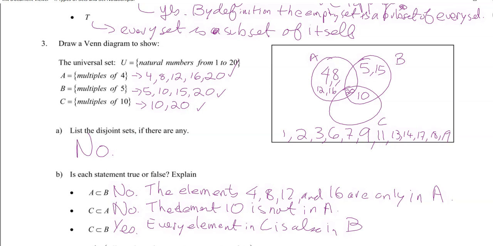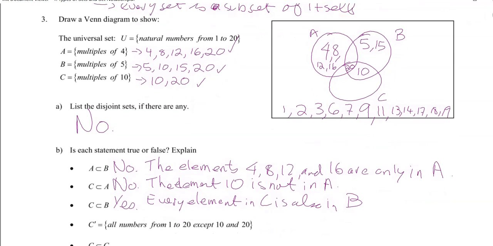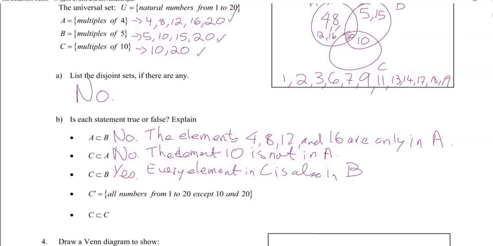So every multiple of 10 is also a multiple of 5. Set C is multiples of 10, set B is multiples of 5, so every element of C is somewhere inside B.